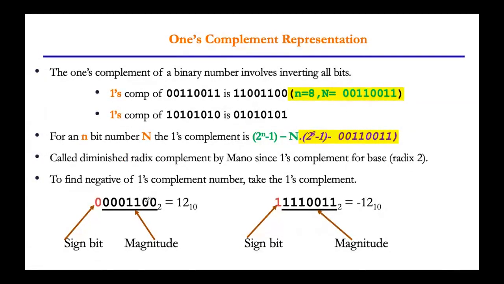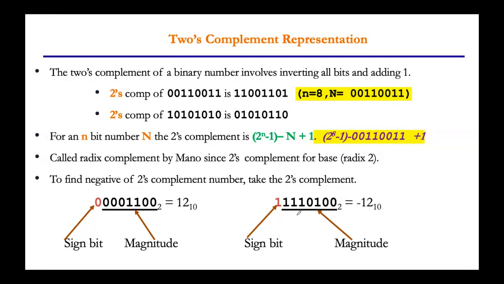But to make it negative, the sign bit will be 1, and the remaining bits will be inverted. All zeros become ones and ones become zeros. That is the ones complement representation of a negative number.